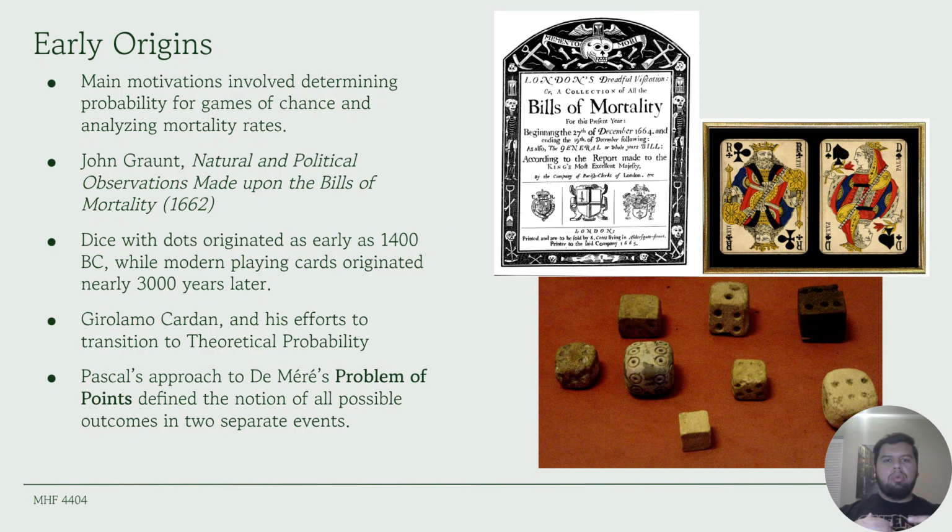But to kind of step away from that for a bit, we go ahead and see this transition from observing empirical data to understanding the theoretical side of probability as with the works of Girolamo Cardano. We are now stepping away from looking at things that have already happened or transpired and trying to infer on what could occur next.